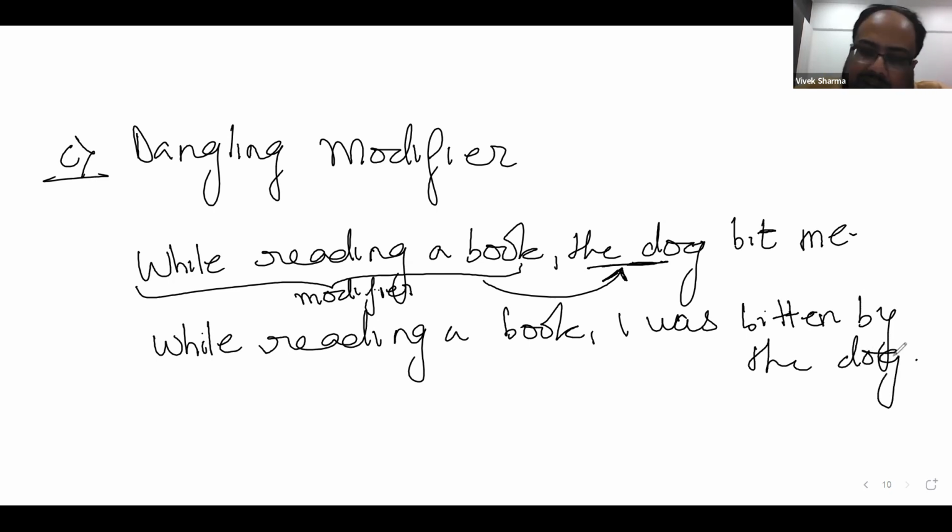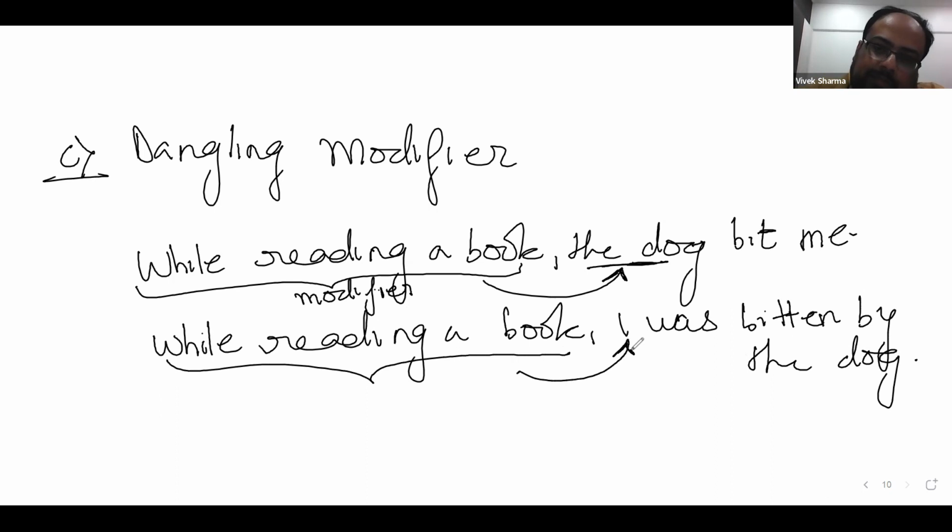Right? While reading a book, I was bitten by the dog. So now it is very clear that I was reading the book because as per modifiers, you place the modifier next to what it modifies. So now in the second sentence, I'm saying that I was reading a book and while I was reading a book, I was bitten by the dog. So this is one way to correct the sentence.